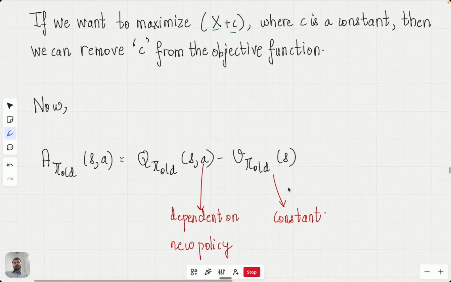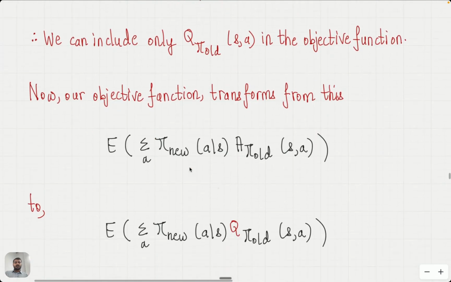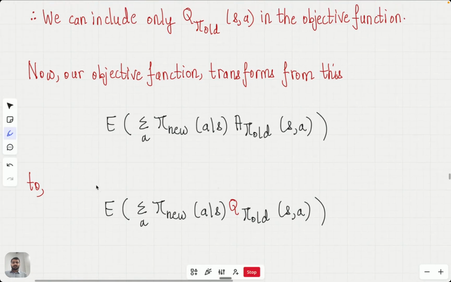This simply comes from the definition of the advantage function. The second term is a constant because it only depends on the old policy. It does not depend on the new policy. Whereas the first term has this action inside it. Since the action is going to be sampled from the new policy, the first term is dependent on the new policy, so we cannot remove that term. So then our objective function becomes like this.